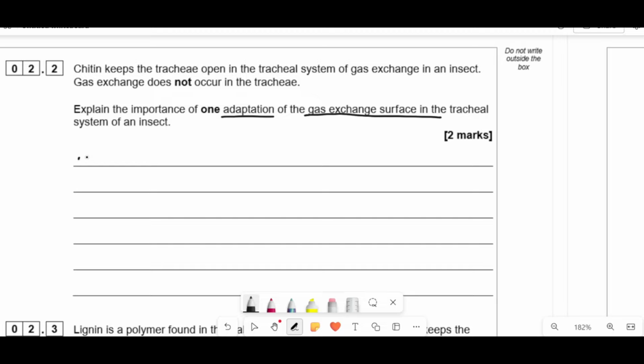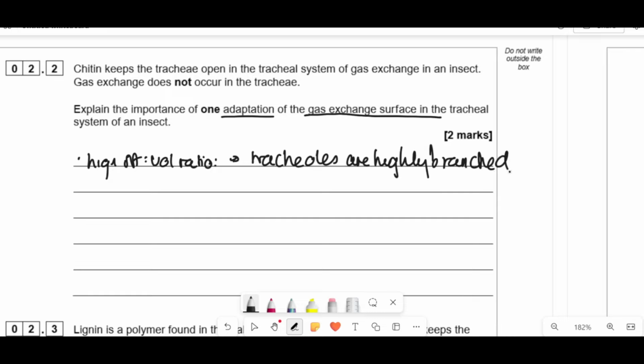If we're trying to maximize diffusion, we first need to have a high surface area to volume ratio, right? And if we think about it for a second, well, they are branched, aren't they? The tracheoles, not the tracheae, the tracheoles, because that's where the exchange is actually happening, are highly branched. That's one thing. Next, what I need to think in my head is what features max out diffusion?